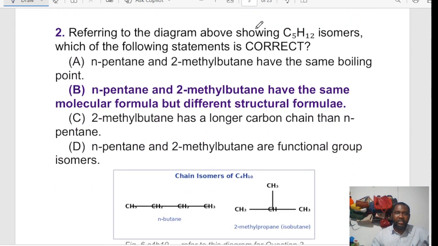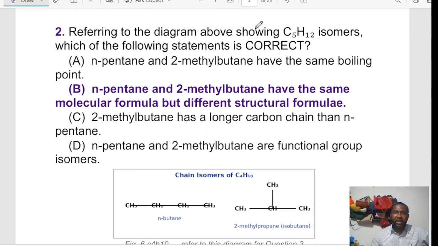The second question says, referring to the diagram above showing C5H12. C5H12 is pentane. The reason is because 2 times 5 plus 2 will give you 12. And any hydrocarbon that obeys this formula, CnH2n+2, is definitely an alkane.